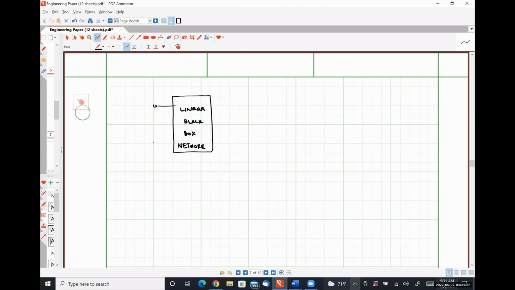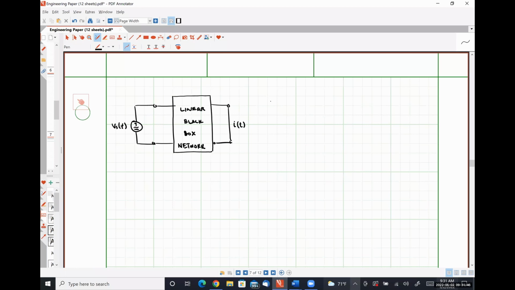And I excite this system with a voltage Vs of t and measure a response that is I of t.